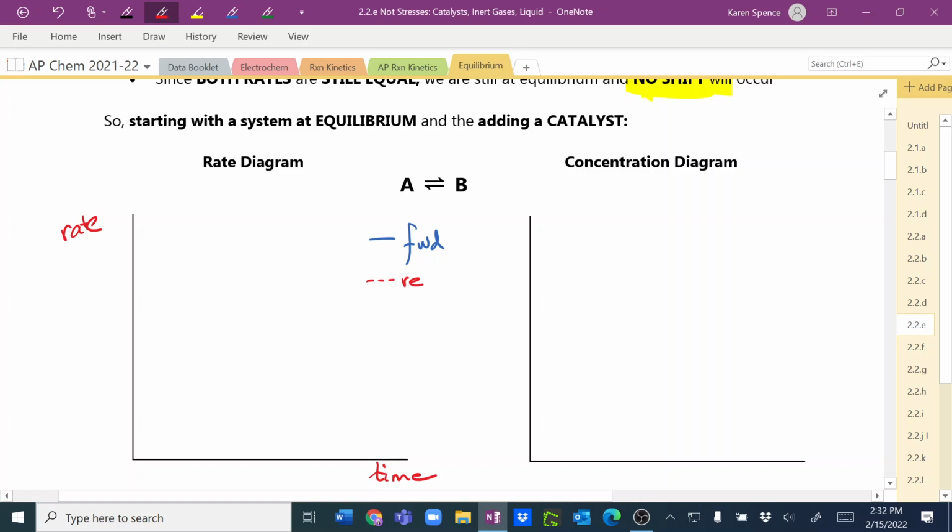Forward, reverse, forward, reverse, add a catalyst.